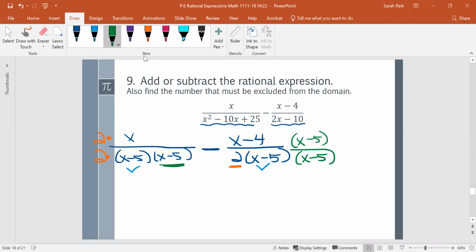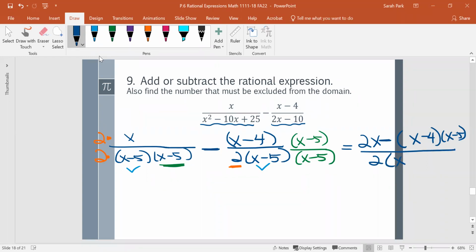Now you can see both denominators have the 2 and both have the 2 factors of x minus 5. All right, so now we can combine it as a single fraction. On top, we got 2x minus, I'm going to put parentheses around the x minus 4, times x minus 5, and this is over the common denominator, 2 times x minus 5 times x minus 5.